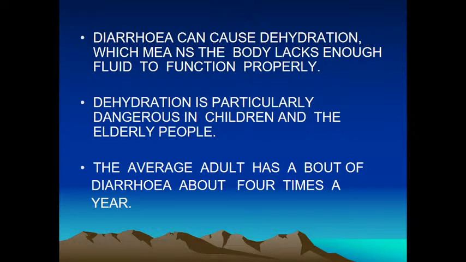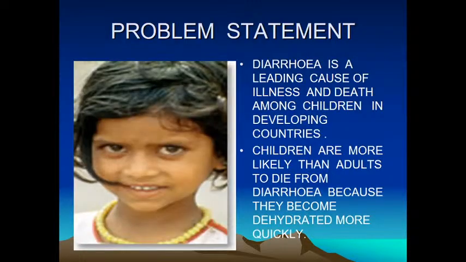In India, an average adult has a bout of diarrhea about 4 times in a year. So that is the problem which we have, that any one of these bouts of diarrhea can result in serious problems. It's a leading cause of illness and death among children in developing countries, and children are more likely than adults to die from diarrhea because they become dehydrated much more quickly.